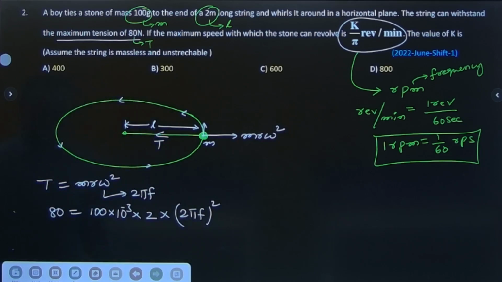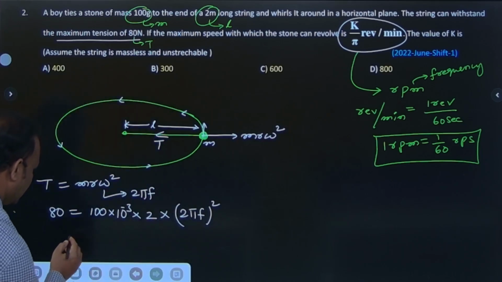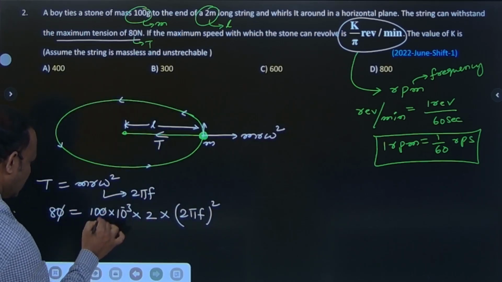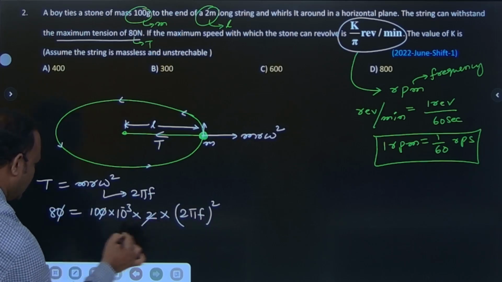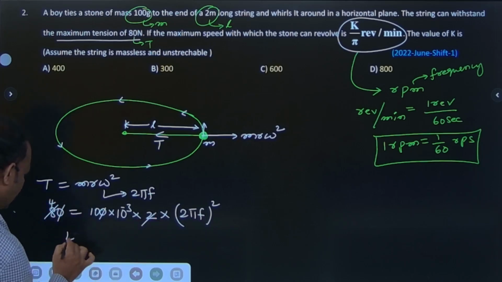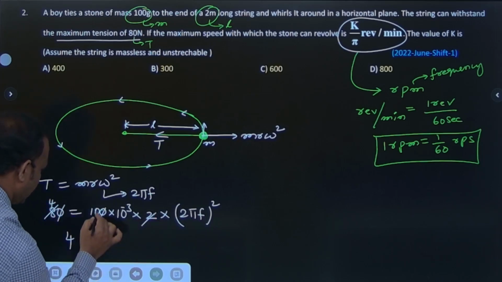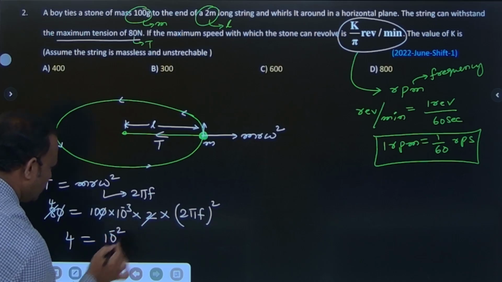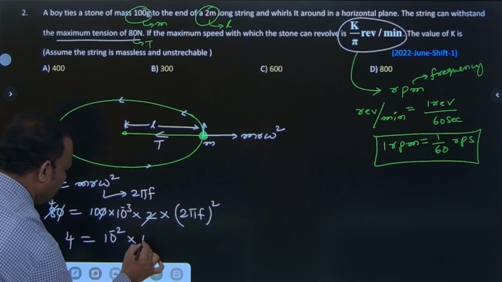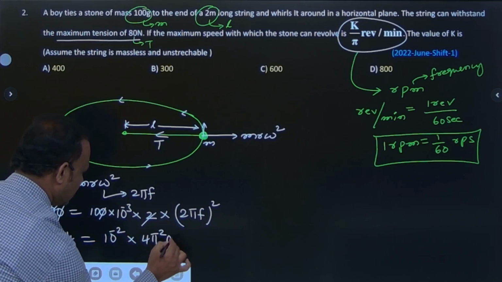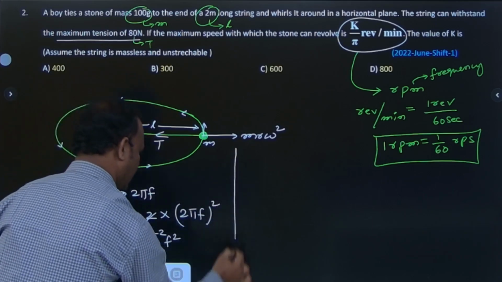Let us check this. The 0s cancel, and 8 by 2 gives 4. So 4 is equal to 10 to the power of minus 2 into 4 pi square f square. Do it carefully.